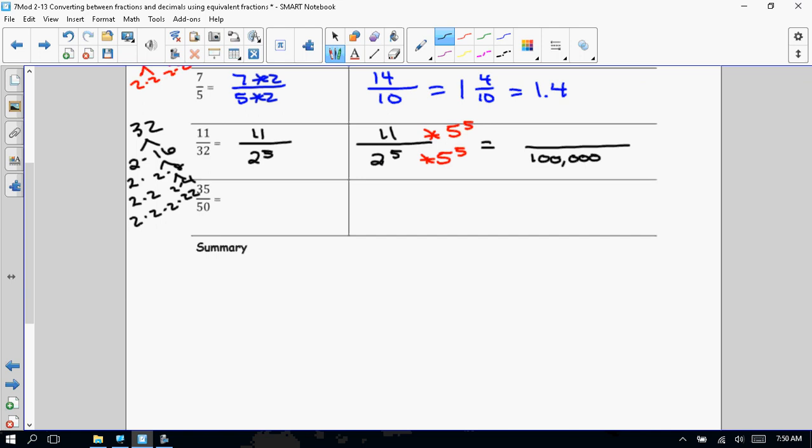All right, I'll do the top one. 11 times, 5 times 5 is 25, 625. I don't remember that one off the top of my head. I'm just going to look at my notes here. Sorry. I have 3, 4, 3, 7, 5. 34,375. Change that over to a decimal. Okay? 0 point.